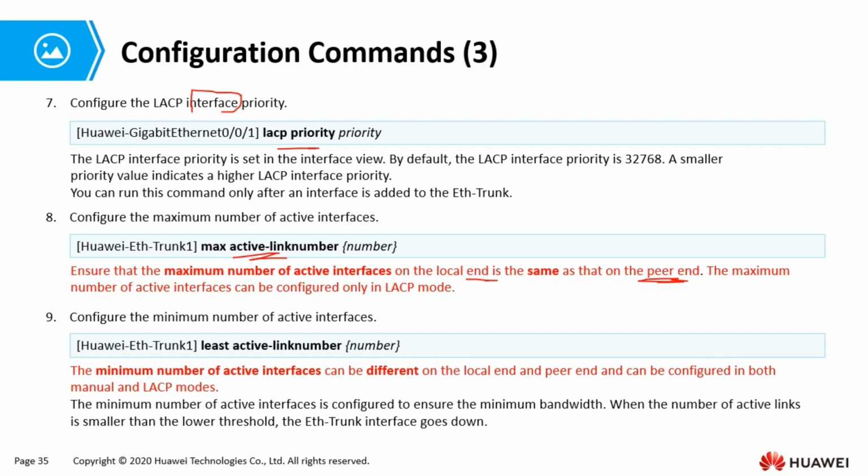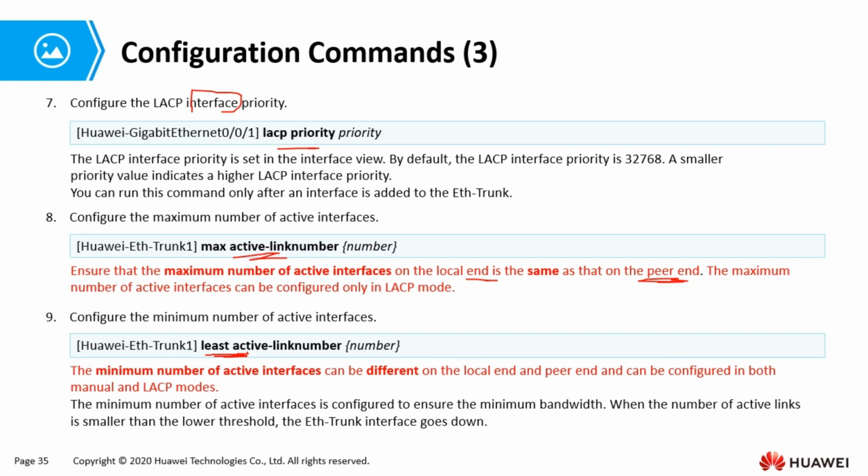Basically, the maximum number of active interfaces depends on the switch model. If you are using Huawei S series, the S6700, normally the maximum is 32. You will also configure the minimum number of active links to ensure the minimum bandwidth.